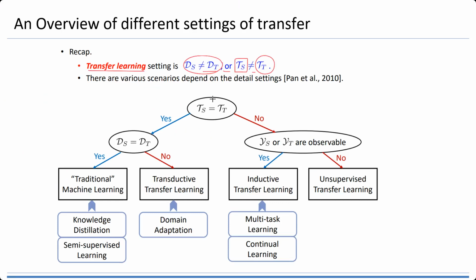Now let's see. If the task of the source equals the task of the target, if it is yes, then let's check if the domain of the source equals the domain of the target. If it is yes, okay, you can just apply the traditional machine learning.